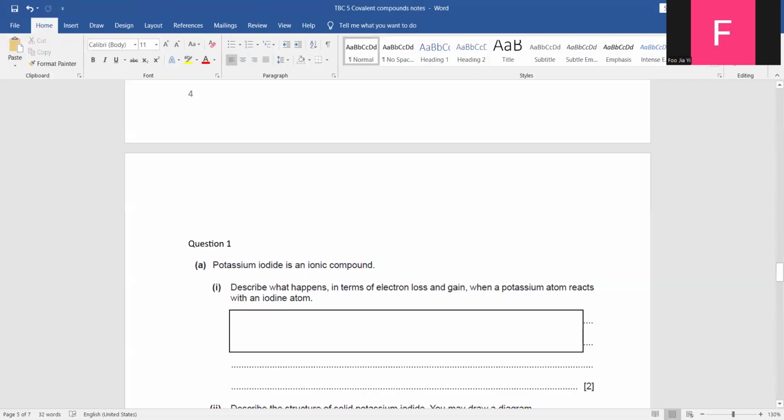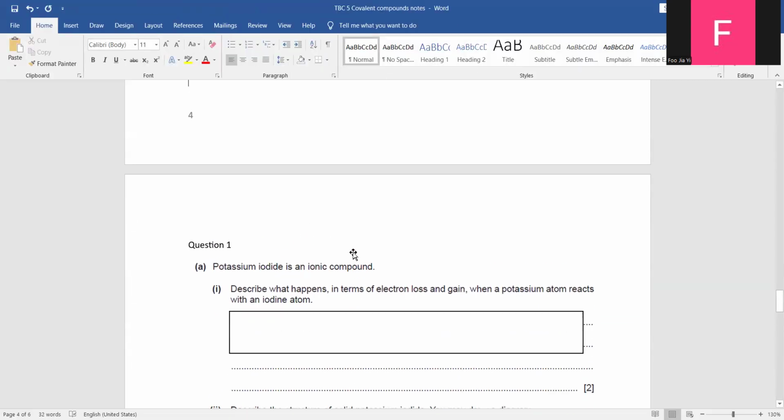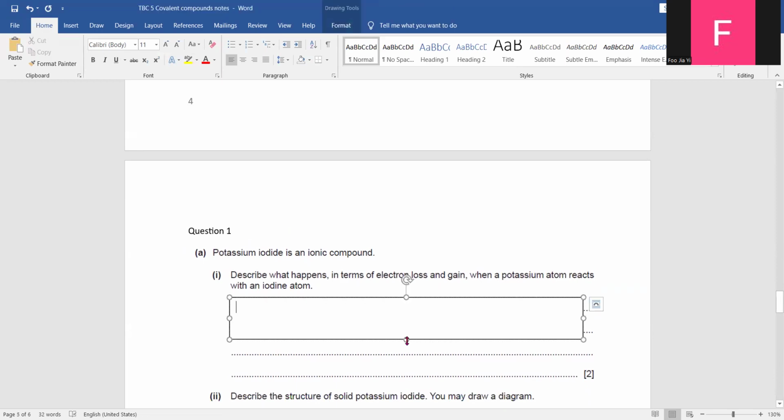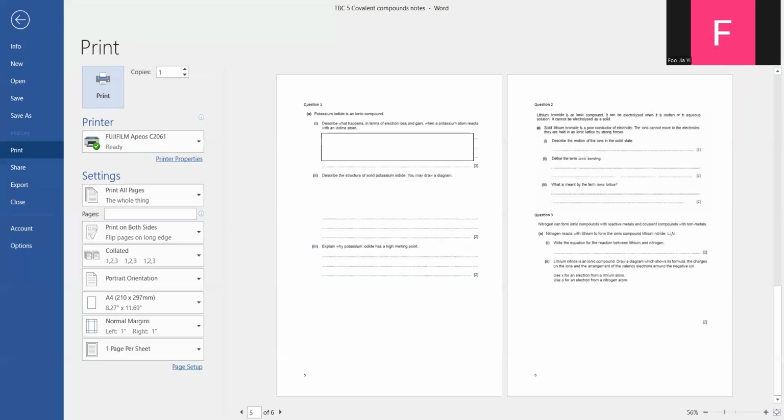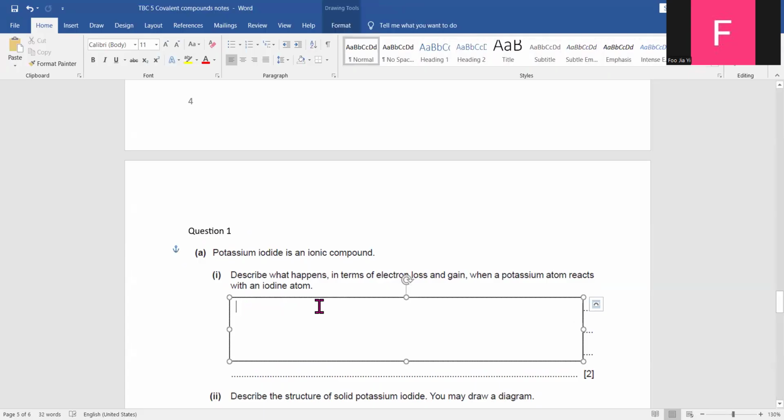Okay, so remember this is talking about ionic compound. This is only a 2 mark question. Describe what happens in terms of electron loss and electron gain when a potassium atom reacts with an iodine atom. So potassium is the metal. What does the metal do, gain or lose electron? Lose. Okay. Potassium atom loses 1 electron.